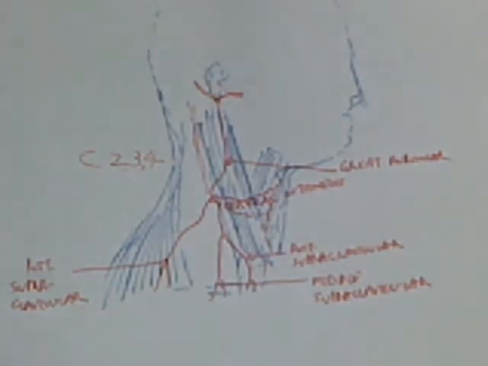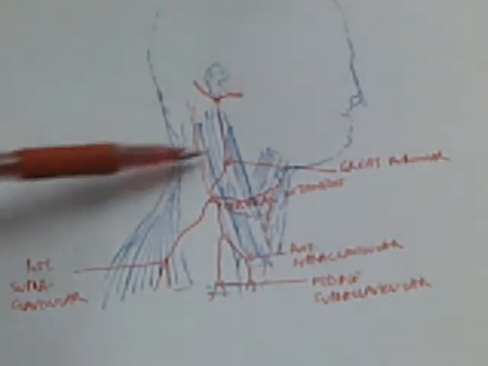Now coming to the next nerve, that is the lesser occipital. When we talk about the lesser occipital nerve, it is also coming from the second and third cervical nerves, and it innervates the scalp in the lateral area of the head behind the ear.